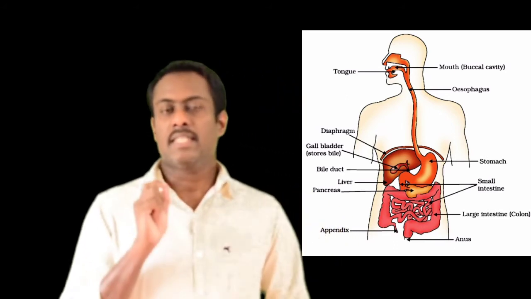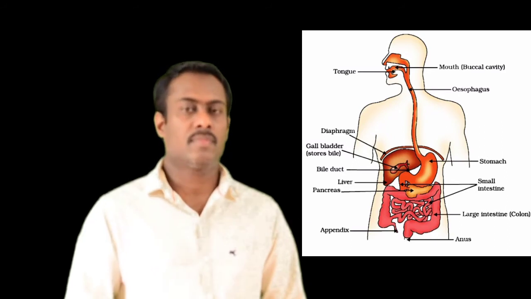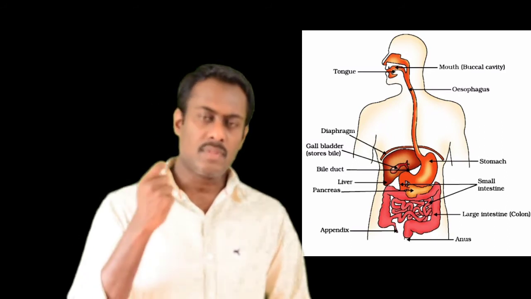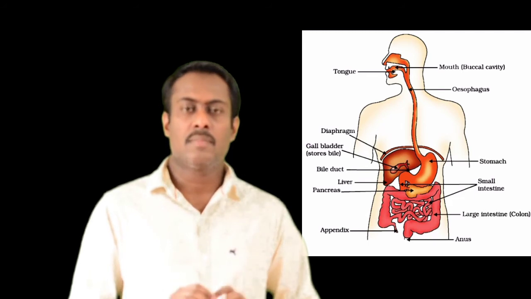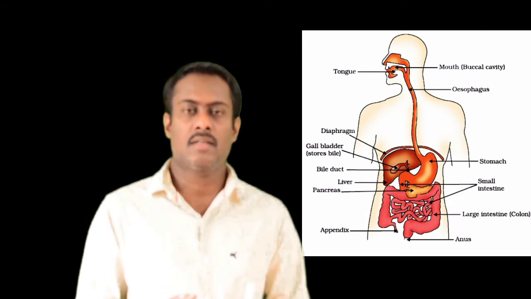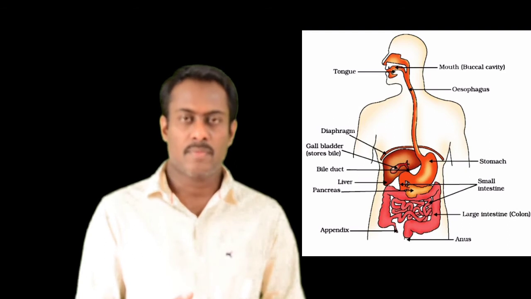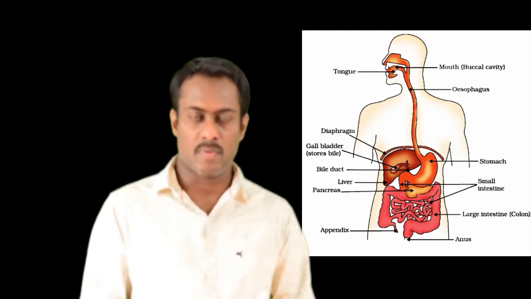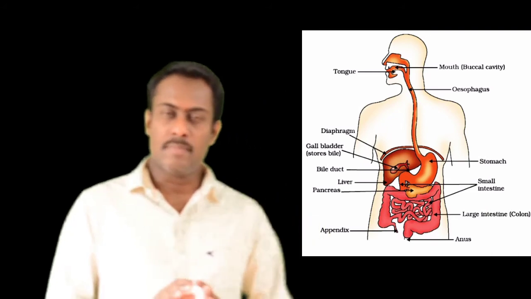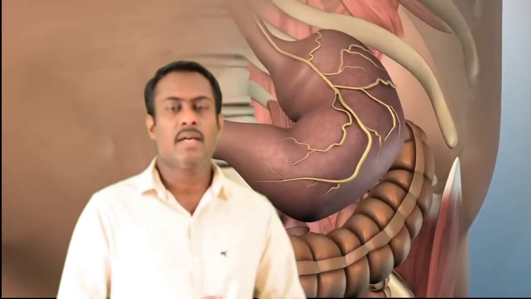So, the alimentary canal starts from the mouth, and the food that we eat is broken down by our teeth with the help of enzymes present in the saliva, and then it is made into a paste so that it can be easily passed through the food pipe, and then it reaches the stomach. The stomach is a bag made by muscle and which consists of gastric glands.